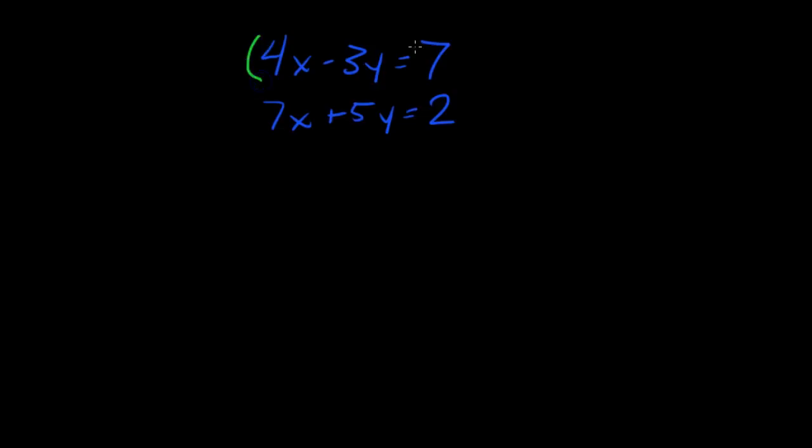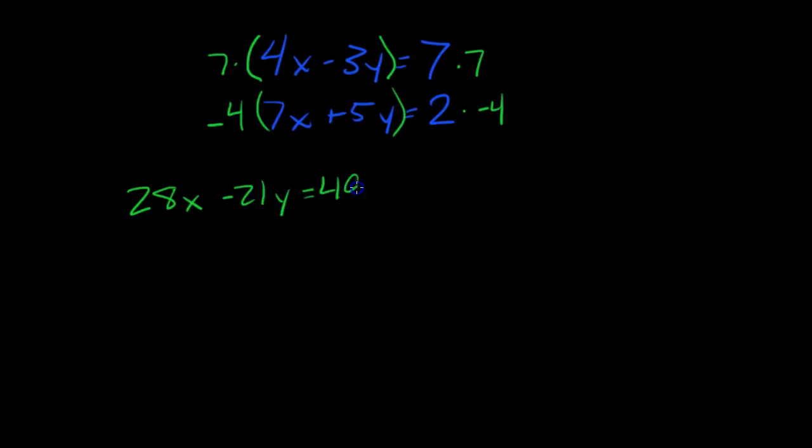So I could multiply the top equation by 7, but I'd have to multiply the bottom equation in a way that, I could multiply by 4, but then I don't have opposite signs, so I could multiply the bottom by negative 4. So my system now looks like this. 28x minus 21y is equal to 49.